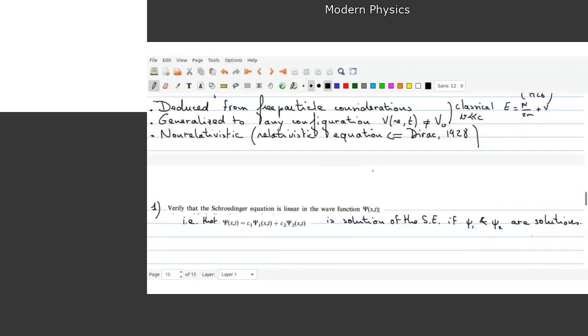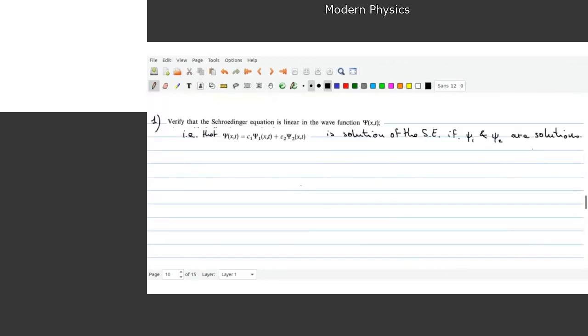What does it mean to say that psi1 and psi2 are solutions? It means that minus h bar squared over 2m, d2 psi1 over dx2, plus V psi1 equal to i h bar, the time derivative of psi1.